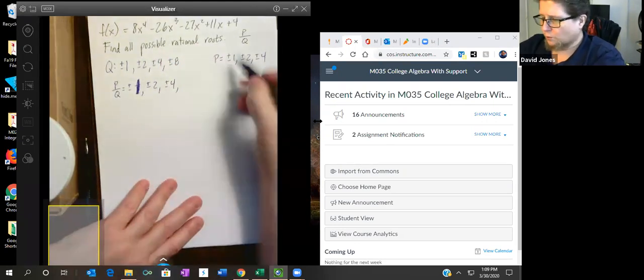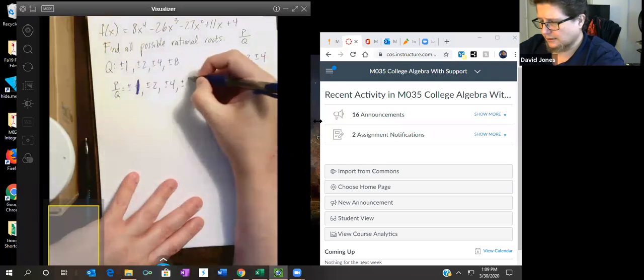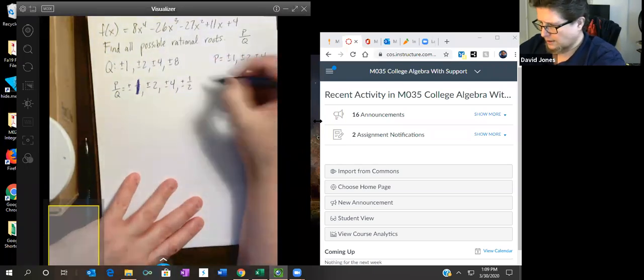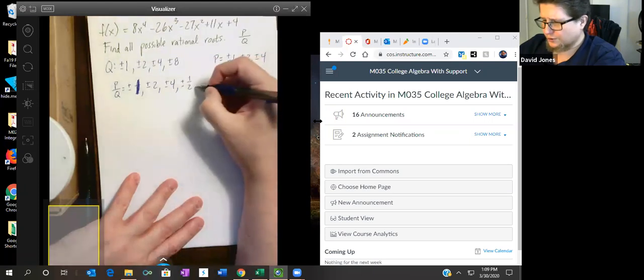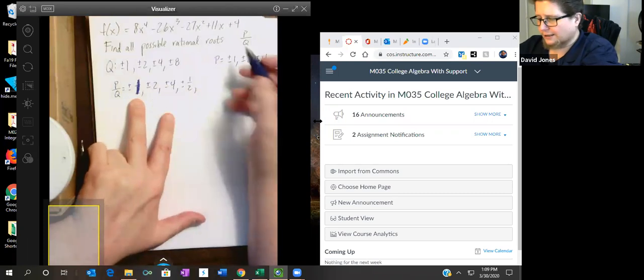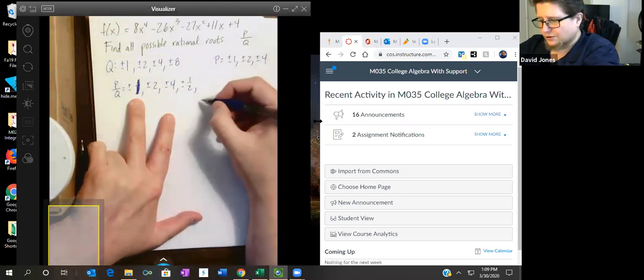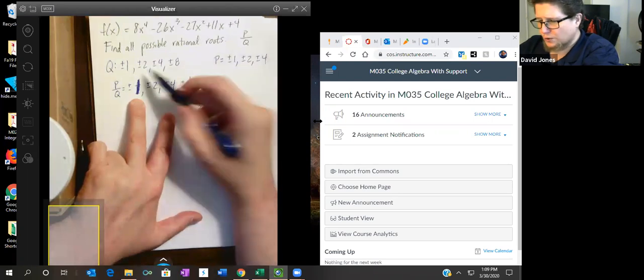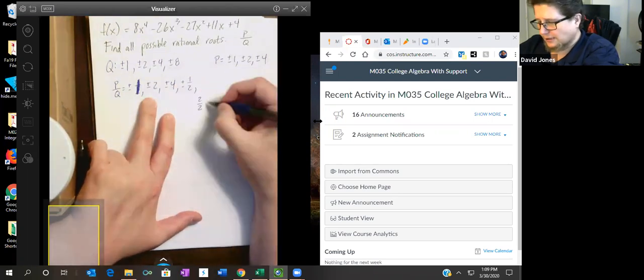Then I can put 1 over 2. I can put 2 over 2. 2 over 2 is already 1 and it's already on the list. So 2 over 2, done. 4 over 2 is also on the list. That's 2.